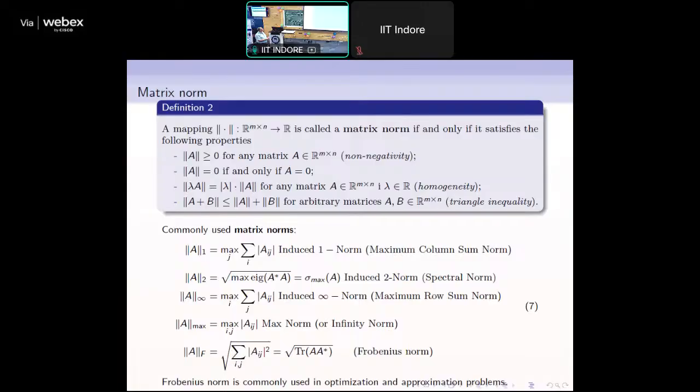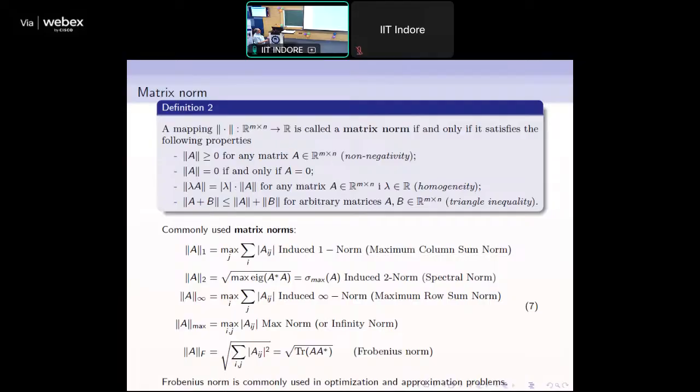There are definitions of matrix norms, and the first definition gives the main properties of a matrix norm. About matrix norms, Professor Static will say more. Here is only a short introduction so that you know what a matrix norm is, and later you will learn more. There are 4 properties of a matrix norm.